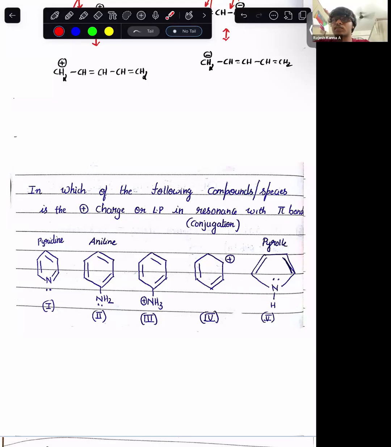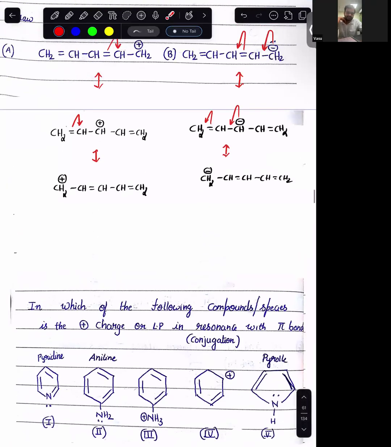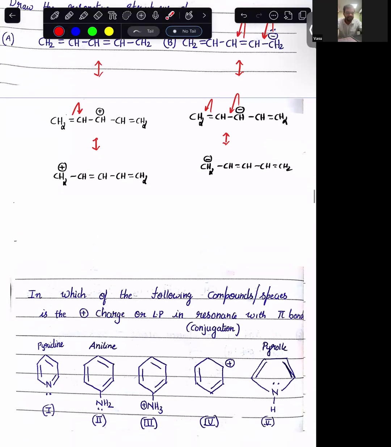Sir, when you draw the structures, you do it step by step. First it goes to the bond, and then it goes to the next atom. Can it directly go to the next atom without forming the intermediate bond? You can show that. All these structures are hypothetical only. It's not like it's actually moving.